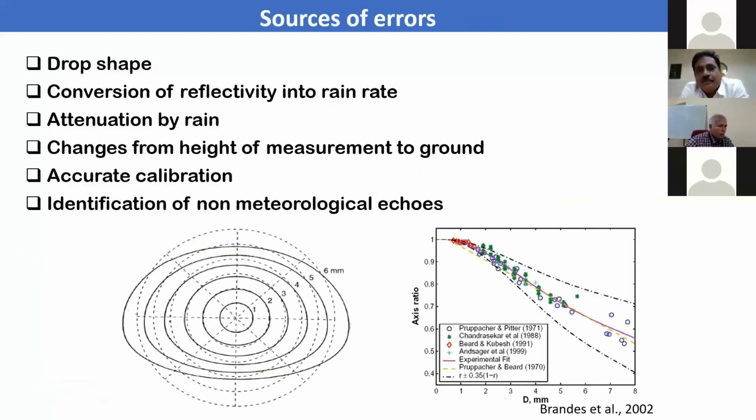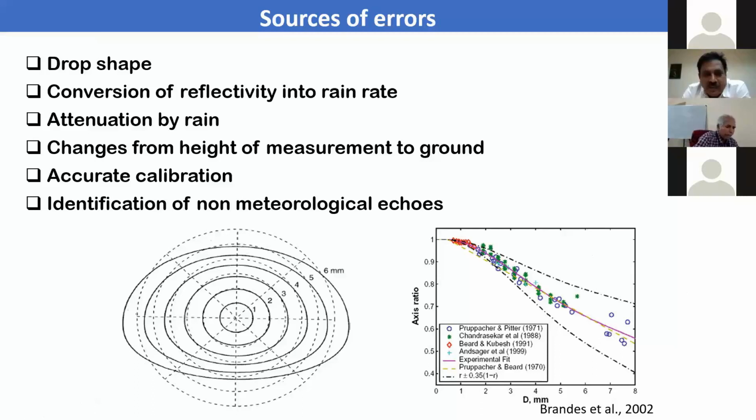In addition to the technical and practical problems, there are other geophysical problems. When you're using a single polarization radar, you may be transmitting only horizontal polarization. But the raindrop is not spherical all the time. When the drop is small, it is spherical in nature.